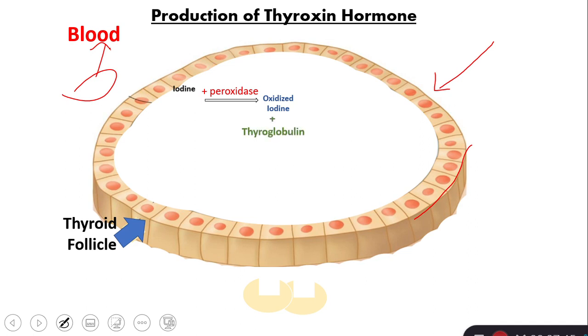The oxidized iodine joins the thyroglobulin found inside the follicles, and this can produce monoiodotyrosine when the thyroglobulin joins only one iodine, or it can lead to the production of diiodotyrosine when the thyroglobulin joins two iodines.